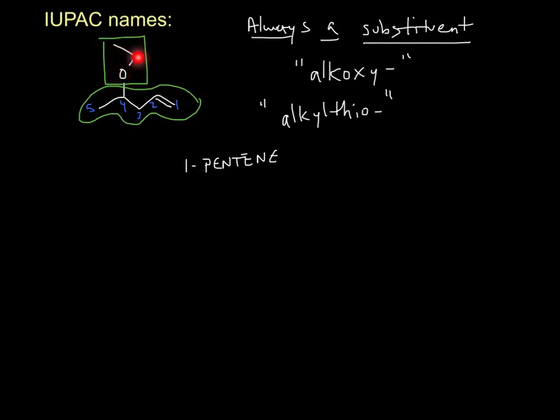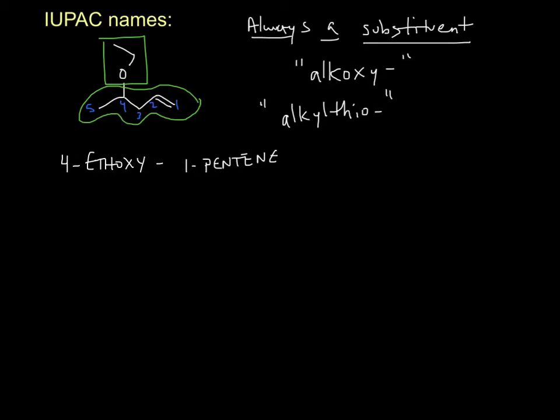These are called alkoxy, so in this case you can see it's 2 carbons, therefore it would be an ethyl group. So instead of saying ethyl, because it's alkoxy, we would say ethoxy. So this would be a 4-ethoxy-1-pentene. And this could be anything. If it was 1 carbon, it would be methoxy, isopropoxy, etc.